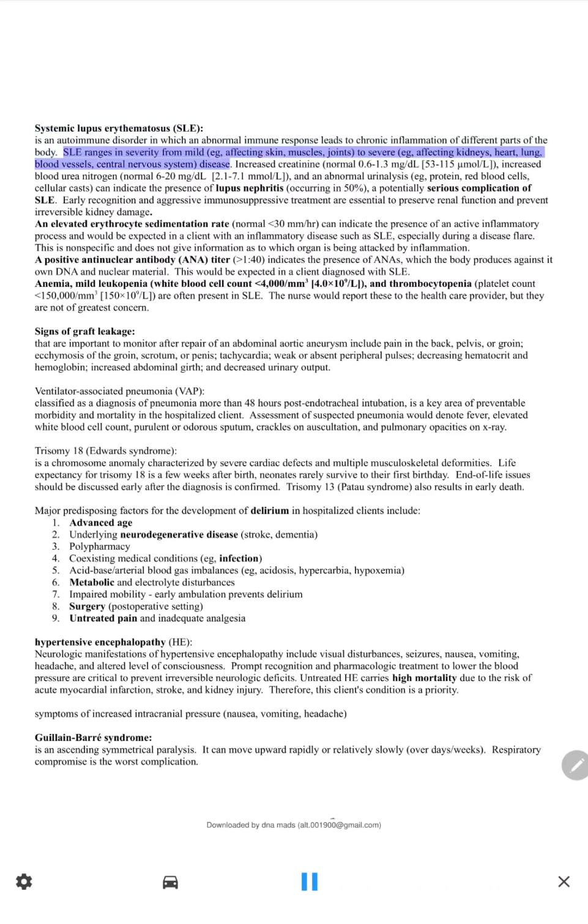SLE ranges in severity from mild, e.g., affecting skin, muscles, joints, to severe, e.g., affecting kidneys, heart, lung, blood vessels, central nervous system disease.